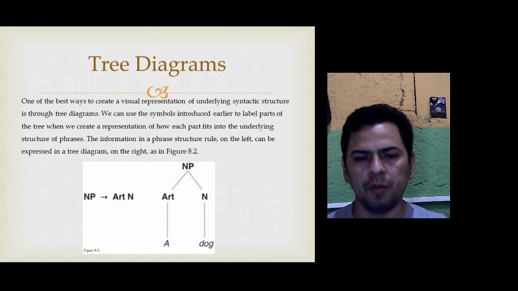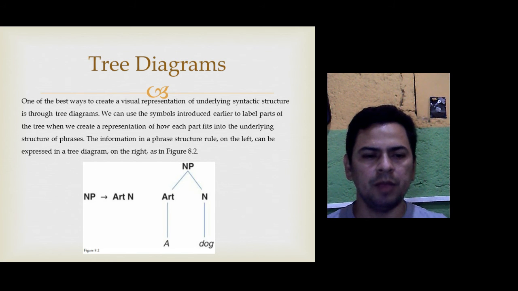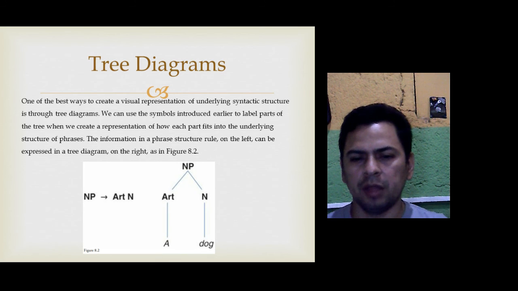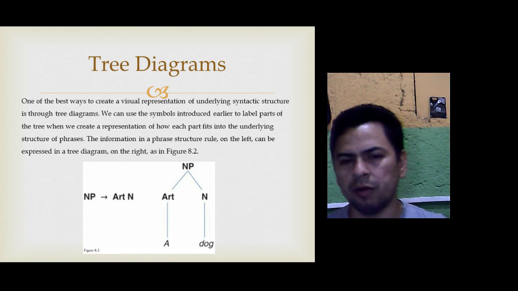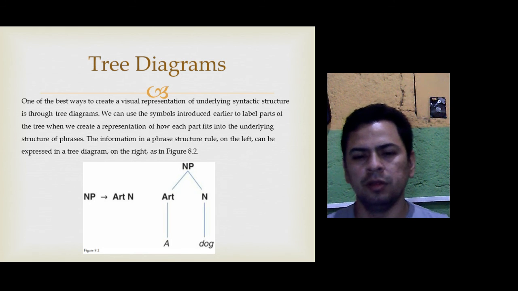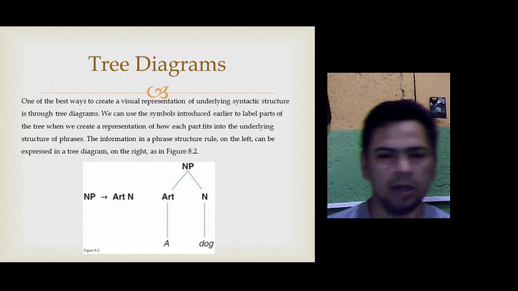The information in the phrase structure rule on the left can be expressed in the diagram on the right, as in figure 8.2. Noun phrase, arrow, article, noun. Noun phrase, article a, noun dog, a dog.